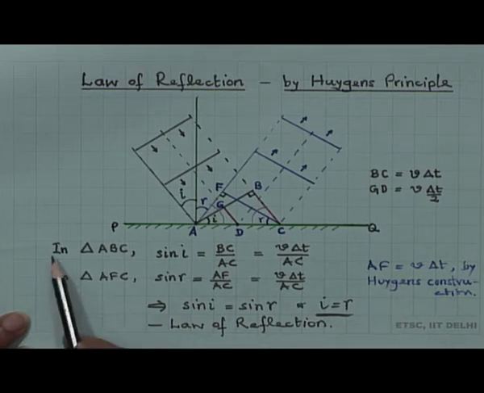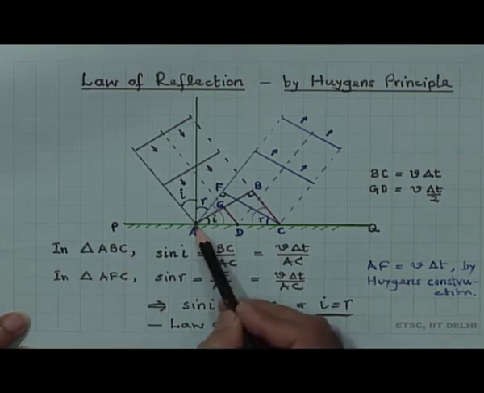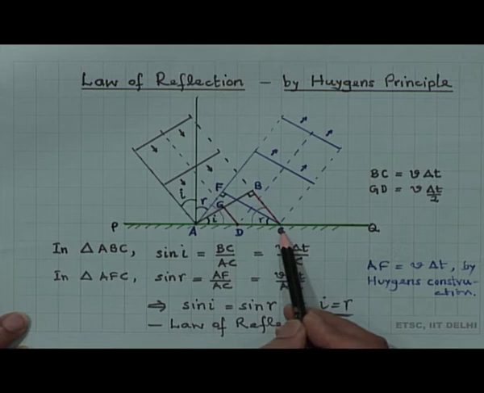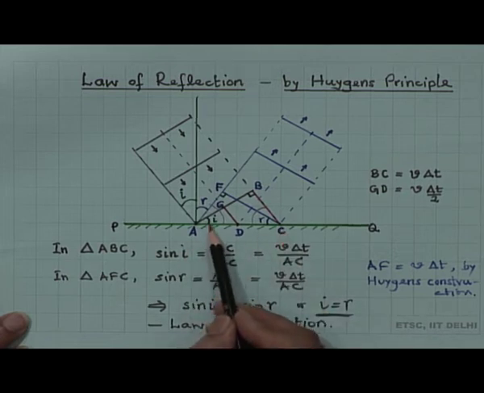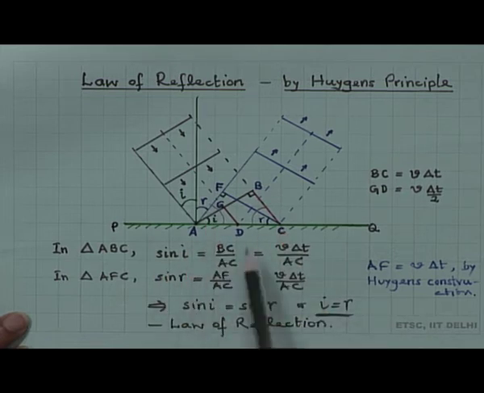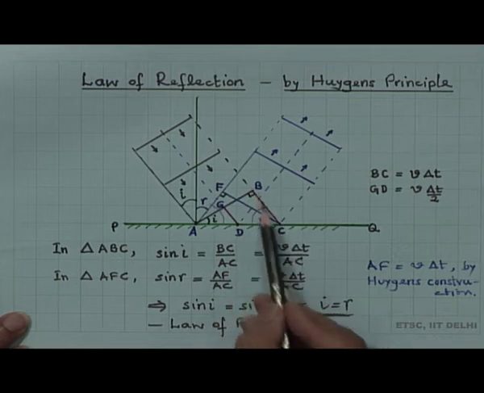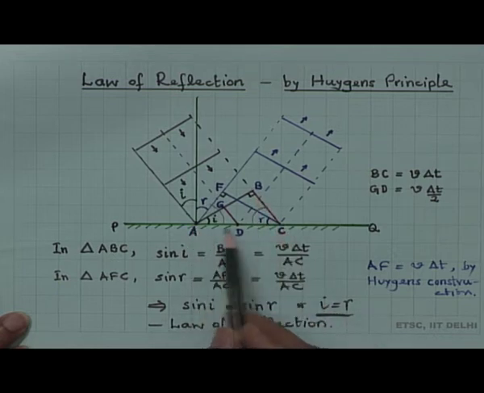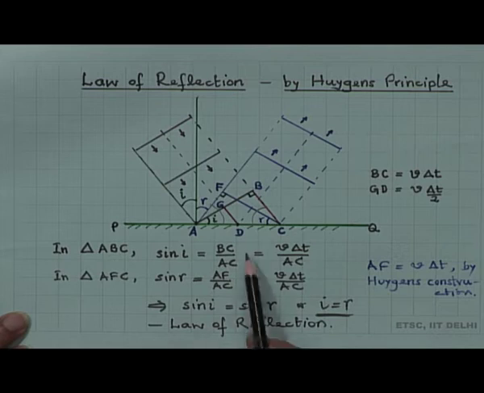And therefore, in the triangle ABC, this angle is I, therefore sin I is equal to BC, the opposite, divided by AC, the hypotenuse, where BC is V into delta t, the distance.